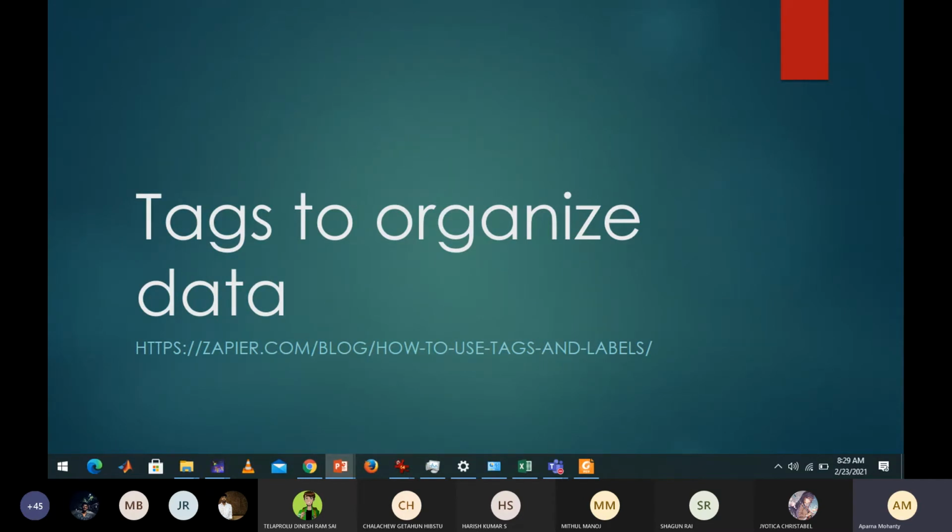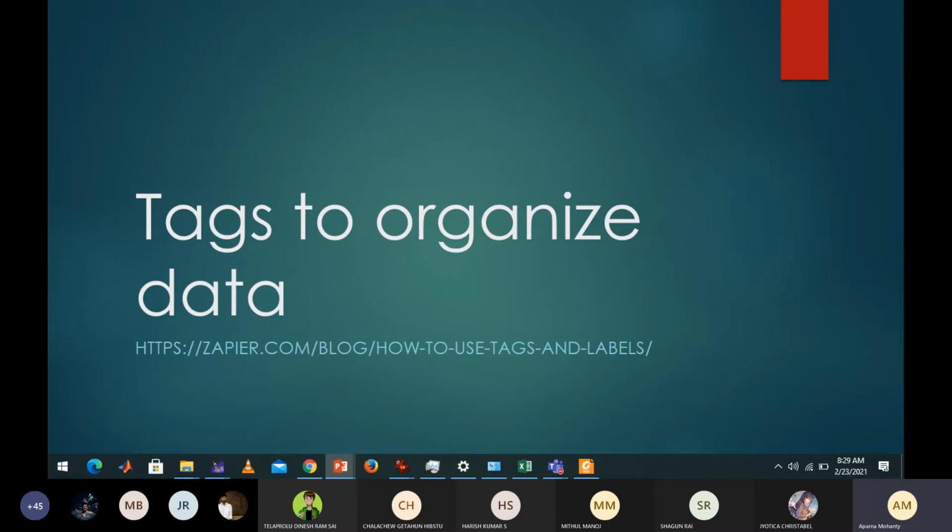Suppose I want to see pictures from a trip, but what do I search if I forget the name of the folder? Australia tour or Kanyakumari tour, those kinds of things. If I might not have named it that way, it would be really difficult to search those folders. So the best thing is to keep tagging the folders.